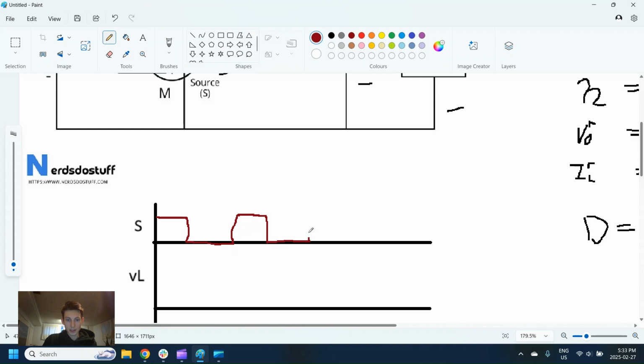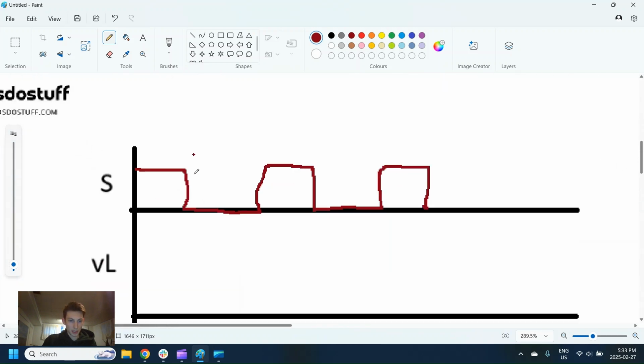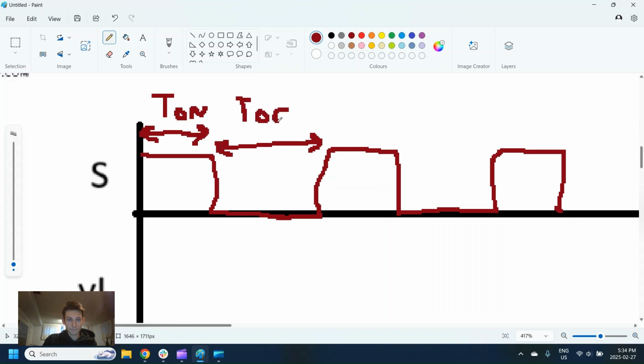So hopefully that's clear that that's 40% on and 60% off. Not the best drawing here, but just to make it clear, this is what we're talking about as T time on. And this is what we're talking about as the time off.